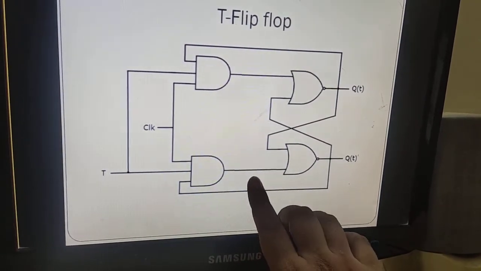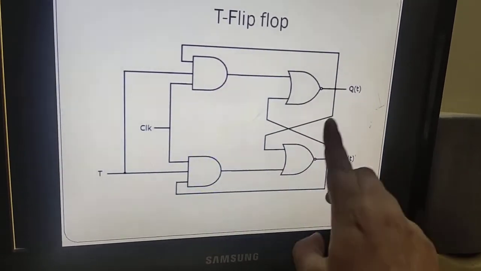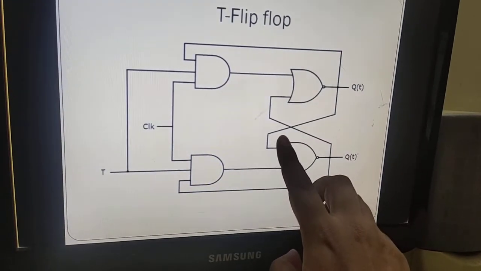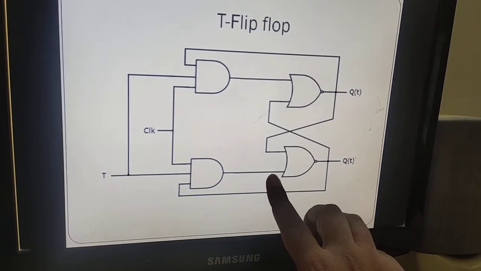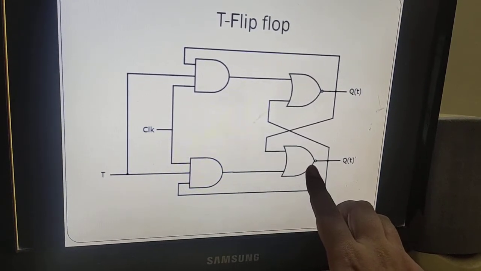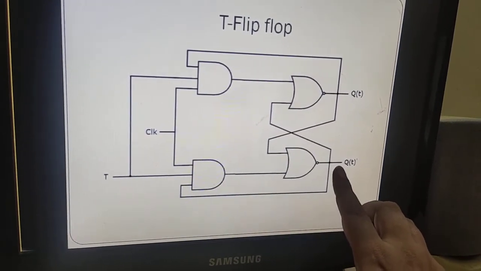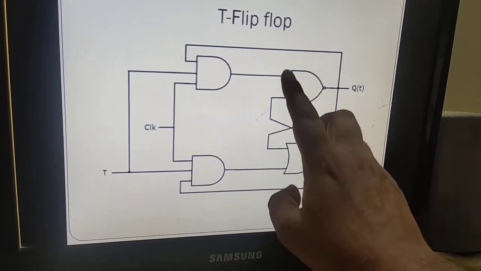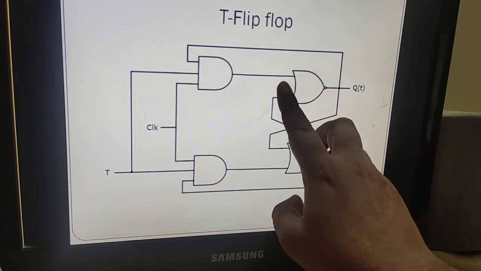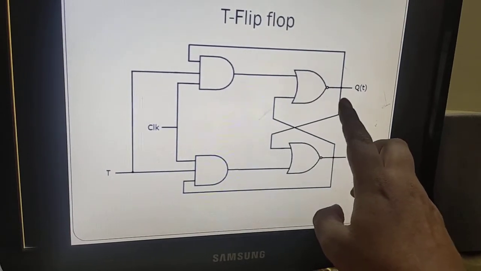The output of this AND gate is equal to 1. Now here it is 0, and this is 1, 1 plus 0 is 1. And this 1 plus 0 is 1, again given as an input to your NOR gate, this will become 0. Then this 0 goes here, and here it is 0. 0 and 0 will be given as an input to the NOR gate, it will become 1.